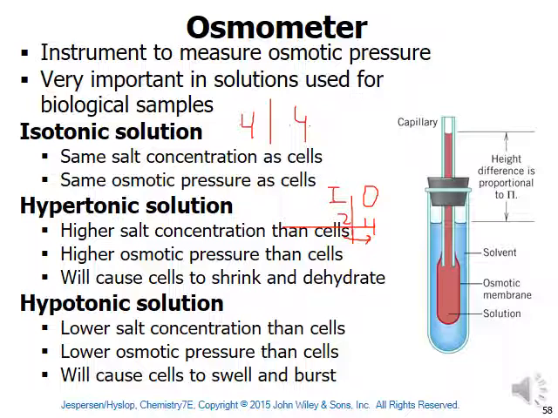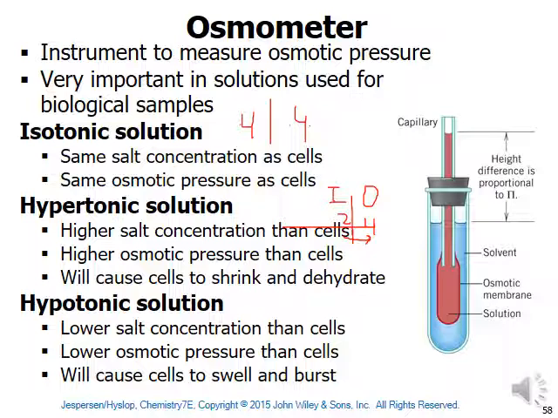So hypertonic: if the outside of the cells has more salts in it, the cells will shrink or dehydrate. That's like if you eat a lot of salt, and a lot of salt goes in your blood, the blood is going to pull water from your cells into your blood, and your cells are going to become dehydrated.